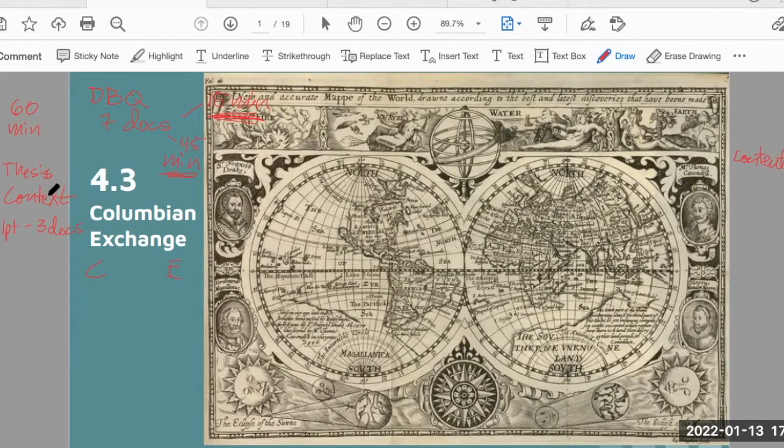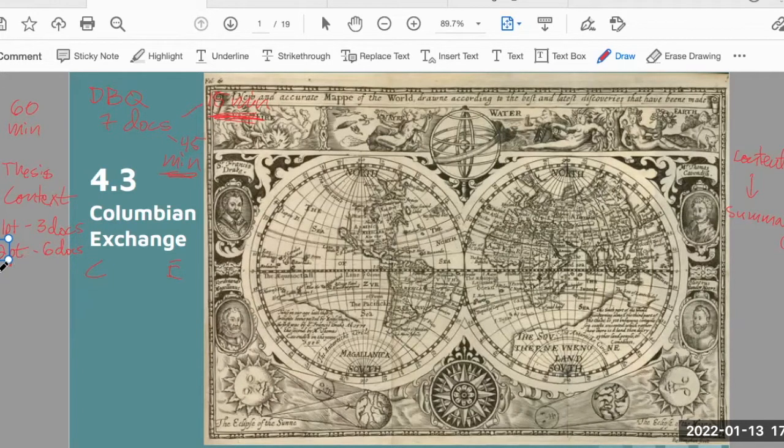Context is background information. Content is a summary, a 1-sentence paraphrase, instead of quoting, a paraphrase of that document. You get 2 points on the rubric if you summarize 6 documents in using them to answer your essay prompt.